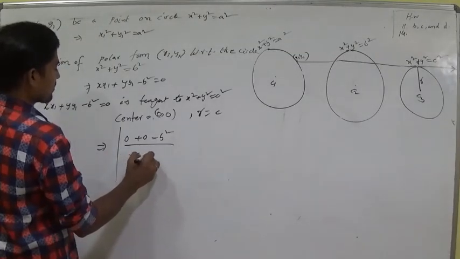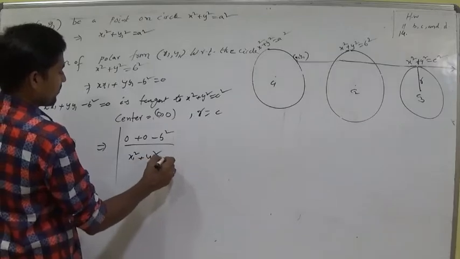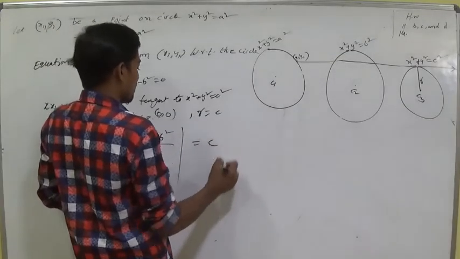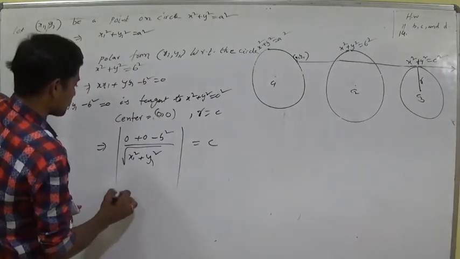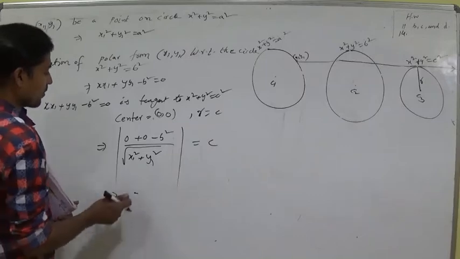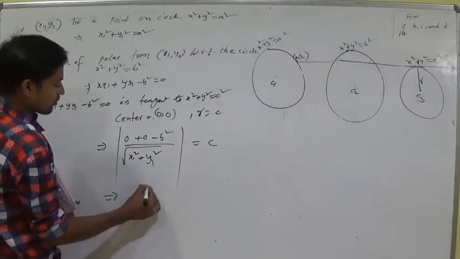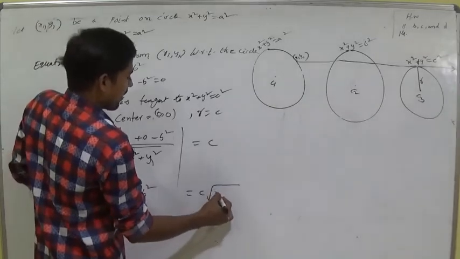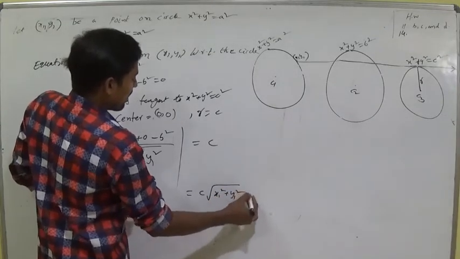x1 square plus y1 square, square root, is equal to the radius c. That implies minus b square, I mean to say b square, which becomes positive now. b square is equal to c times the square root of x1 square plus y1 square.